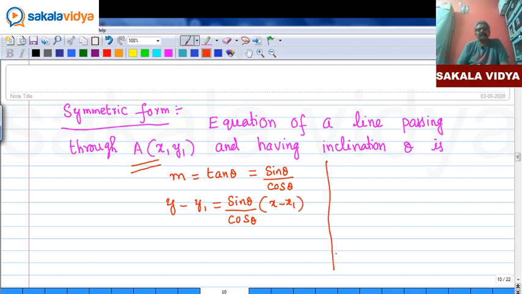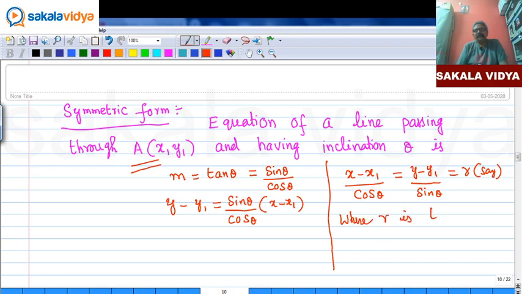This can be rewritten as x minus x1 by cos theta equals y minus y1 by sin theta, say this is r, where r is the distance between (x, y) and (x1, y1).